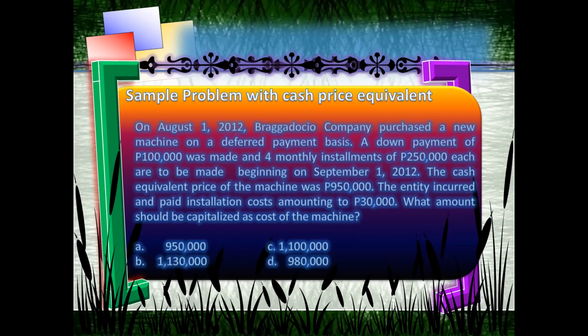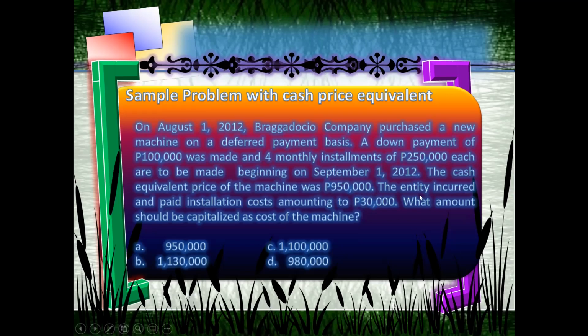So if you're going to apply what was presented in the previous slide, sabi niya, pag merong cash price equivalent, yun na yung pagbabasehan mo sa cost as of initial recognition. So in this particular problem, binigay sa atin yung cash price equivalent na 950,000. Just be careful lang class, kasi hindi pa yan yung answer, yung 950,000 na yan. Bakit? Well, it's true that kapag installment, ang basis natin is yung cash price equivalent.